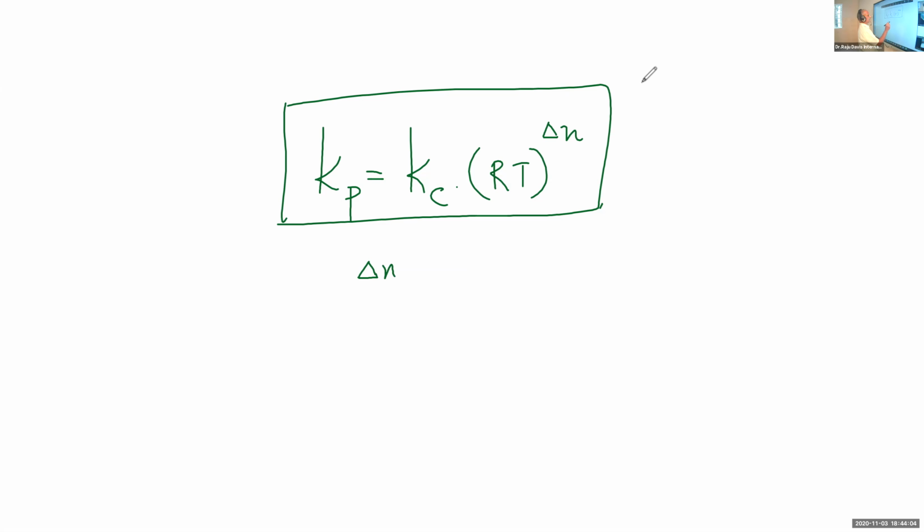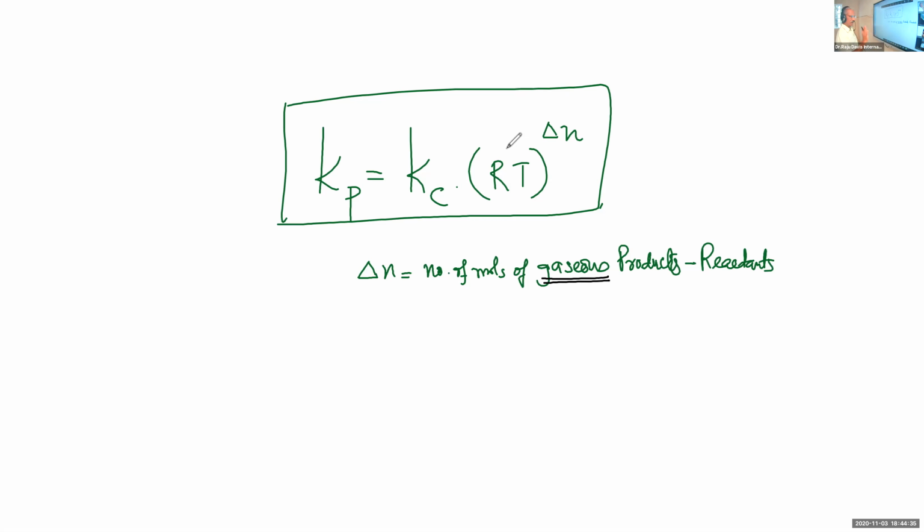So delta N is equal to number of moles of gaseous products minus reactants. Only gaseous, number of moles of gaseous products and reactants.